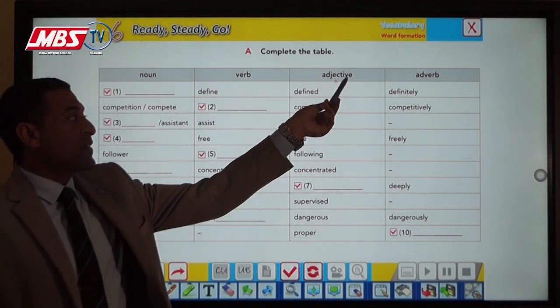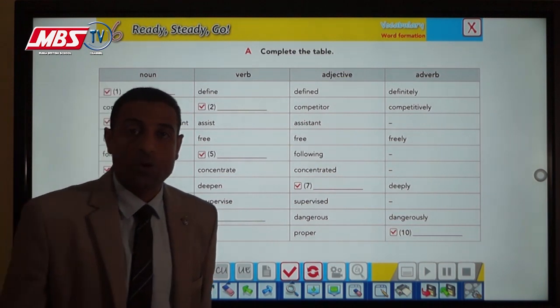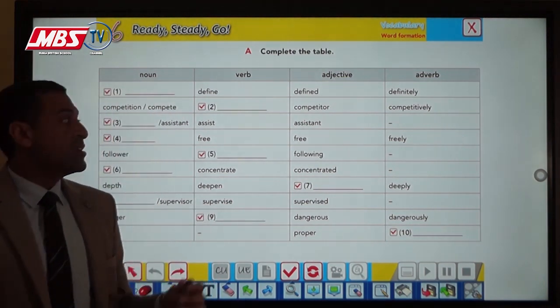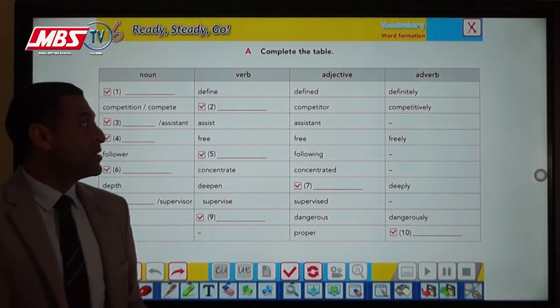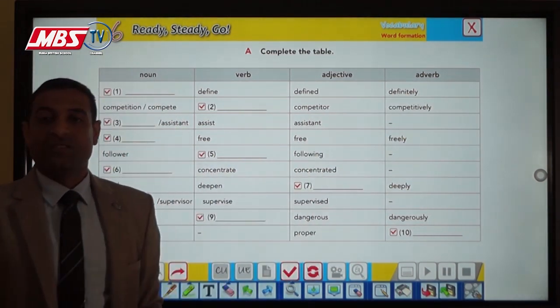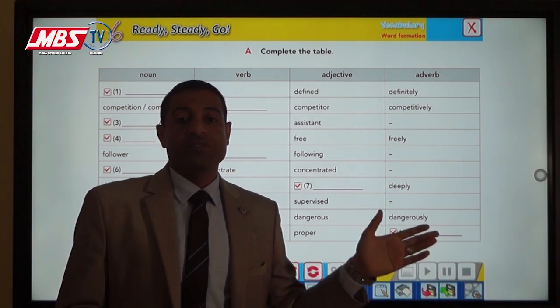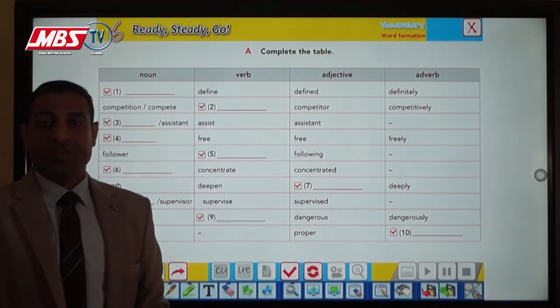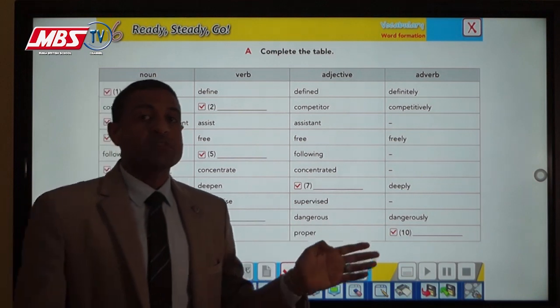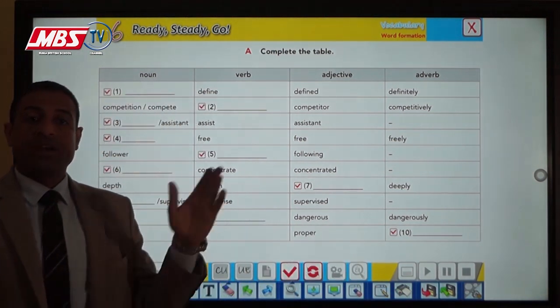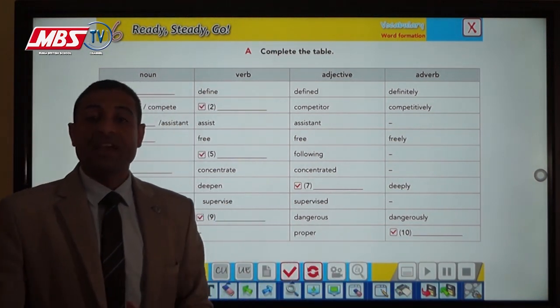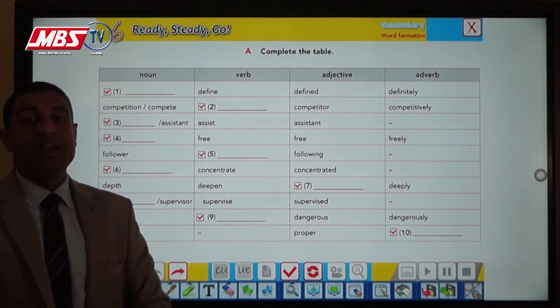The adverb is the word that we use to describe the verb or the action. I can use it with all verbs except verb to be.